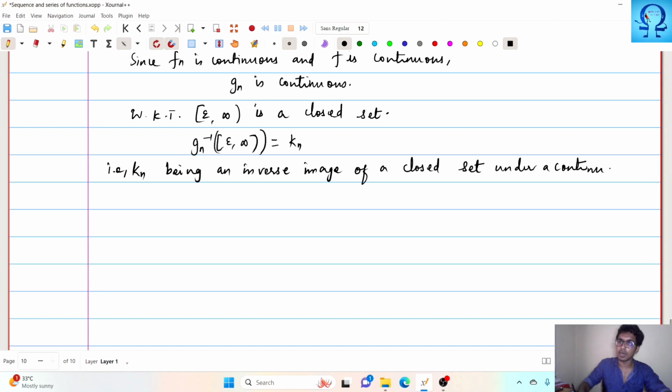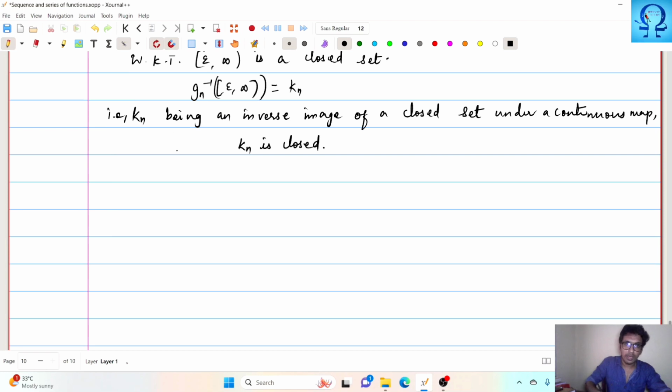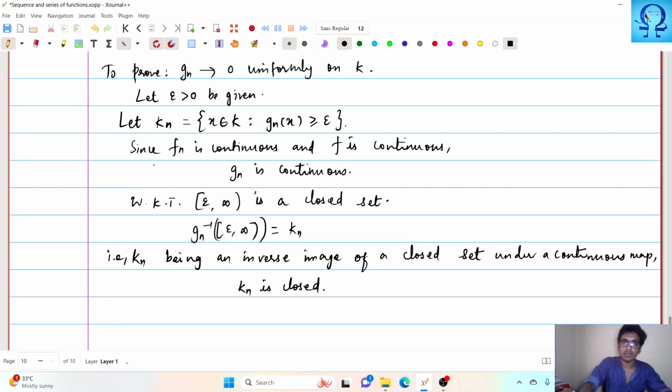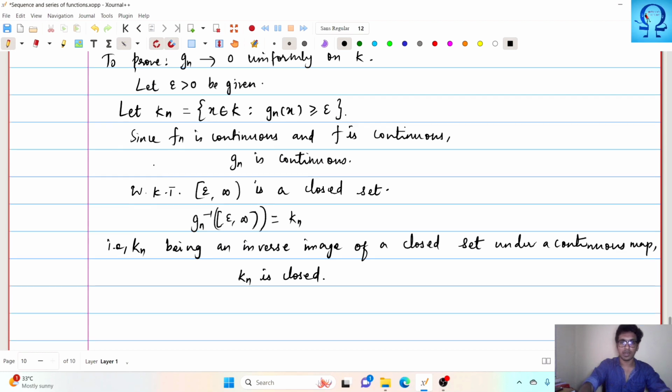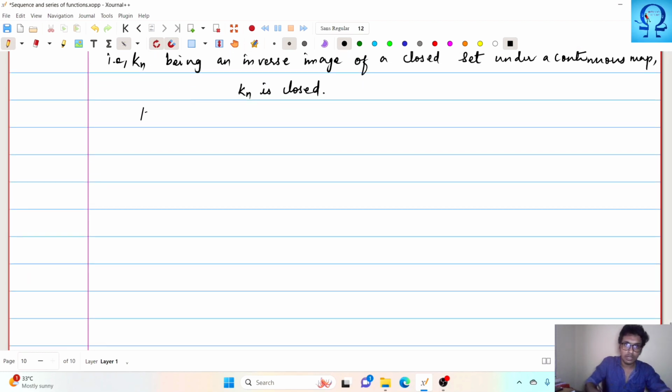Under a continuous map, we conclude that Kn is closed. But how did we define Kn? Kn is a subset of K, right? So now Kn, being a closed subset of a compact set, has to be compact.